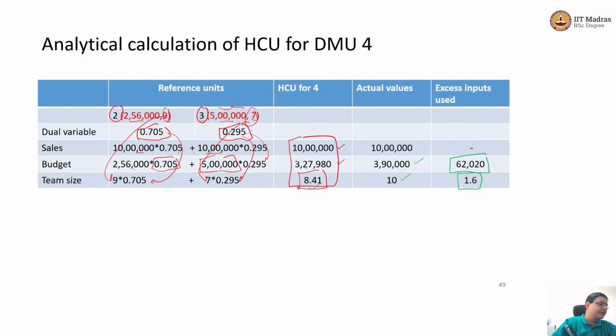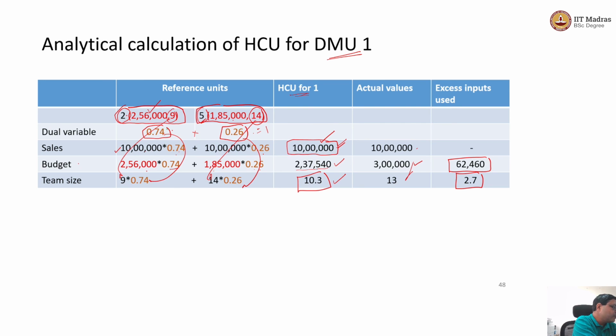It was called composite unit because it is composed of 2 and 3, right? We used 70% of 2, 29% of 3, and we got the hypothetical composite unit for 4. Here we used 74% of DMU2, 26% of DMU5, and we got the hypothetical composite unit for 1. That's why it is called a composite unit.